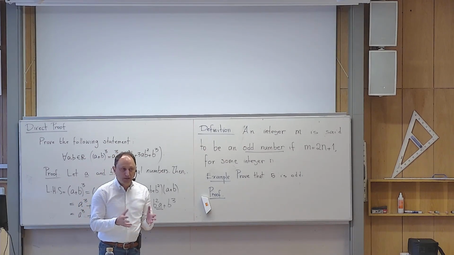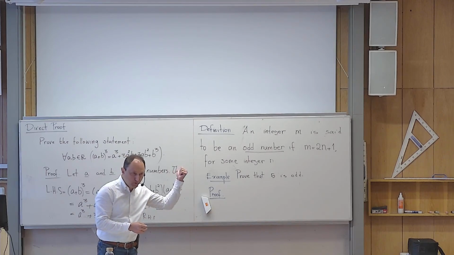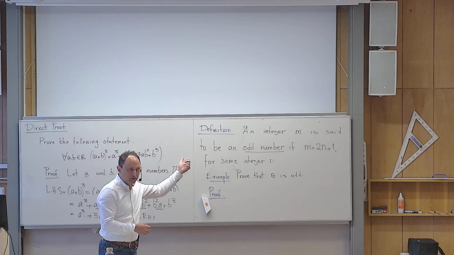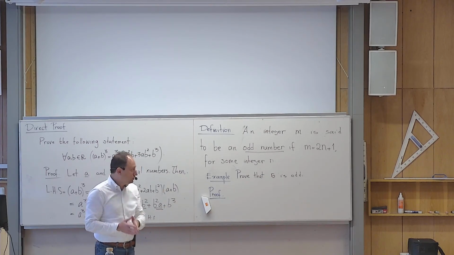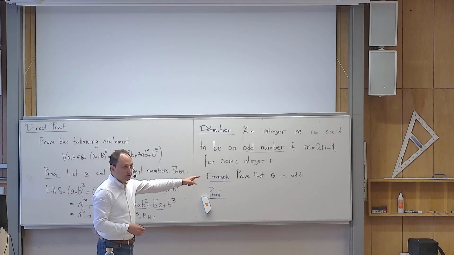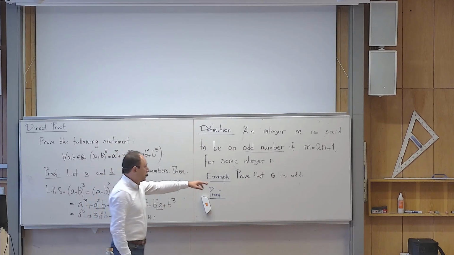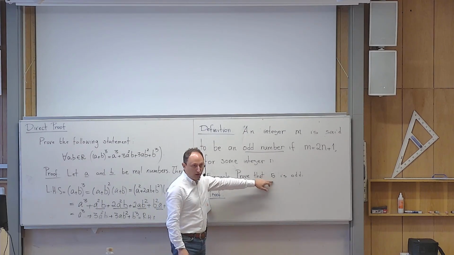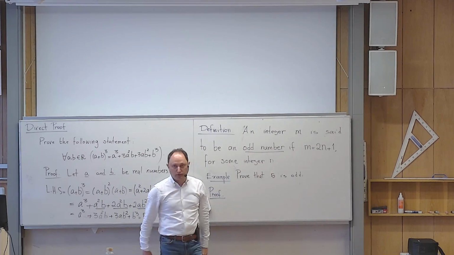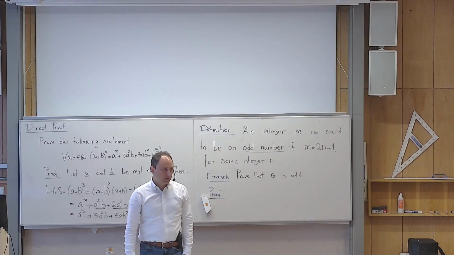What does this mean? I need to show that 5 satisfies what I defined for you a moment before. Yes, I just want to convince you that 5 is odd. What does it mean? I need to show you that 5 satisfies what I defined for an odd number. Is that right or not?